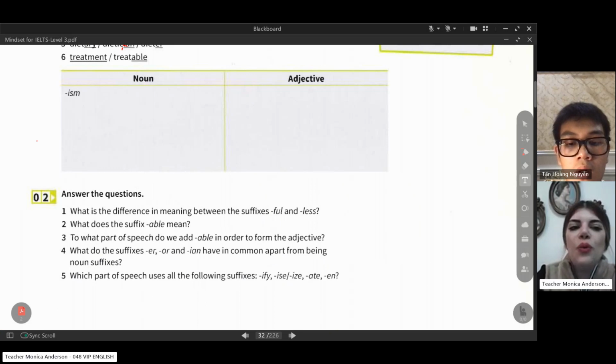Well, and which part of speech uses all of the following suffixes: -ify, -ise, -ate, -en, like -fy?